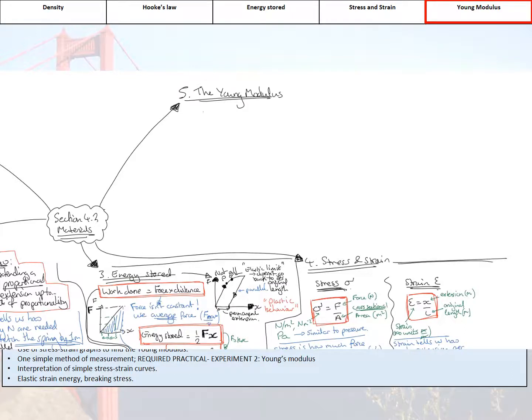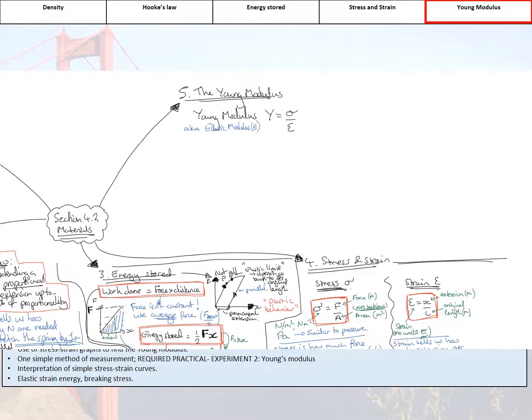And the Young's modulus is defined as stress divided by strain. It's also known as the elastic modulus, given the symbol E. So you might have seen it as either.